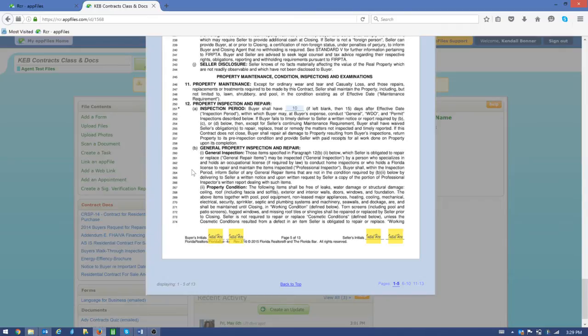It's also telling us that the buyer has to let the seller know of any repairs within the inspection period. So it's not after the inspection period is over, which is the case in the CRSP 14, but actually within the inspection period. So if you got 10 days or 15 days, by midnight on that last day, unless it falls on a federal holiday or a weekend, then it rolls to the following business day.